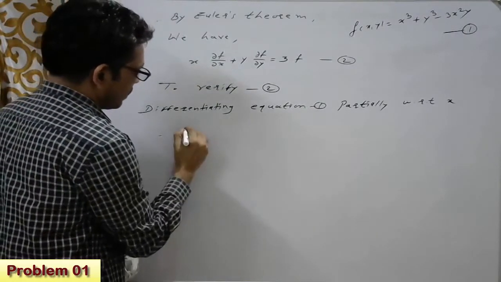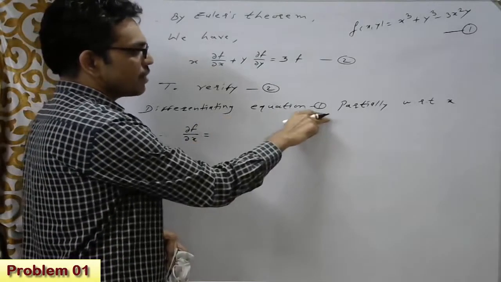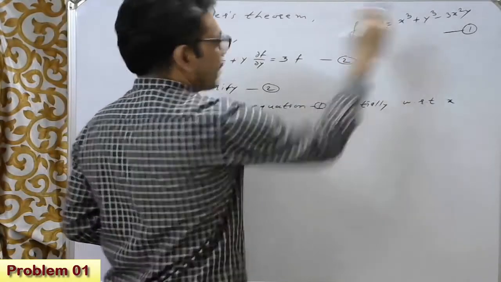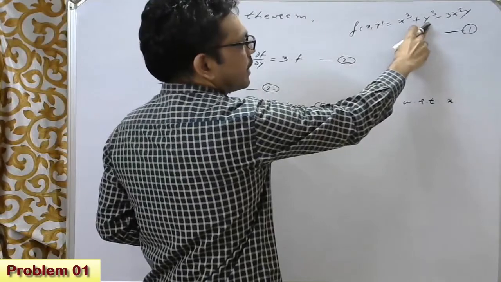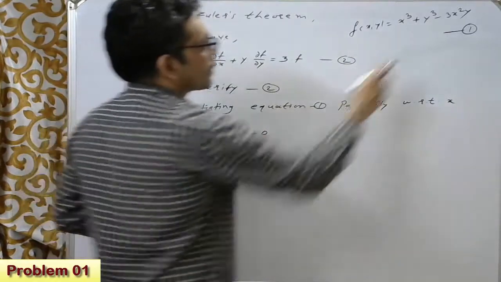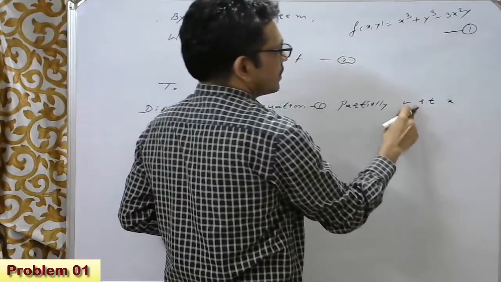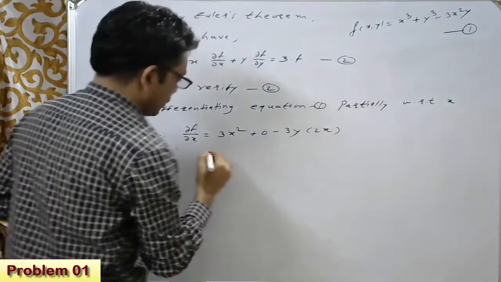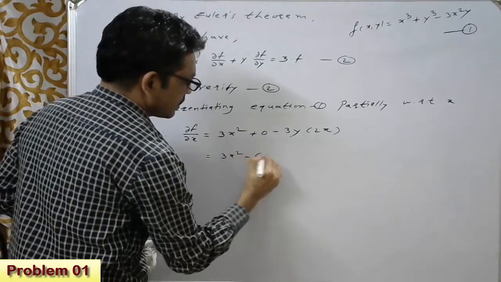Therefore, del f by del x is equal to, first the derivative of x cube is 3x square, plus the derivative of y cube, but treating y as a constant, the derivative of a constant term is 0, minus 3y, a constant, and partially differentiating x square with respect to x, the derivative of x square is 2x. Which is equal to 3x square minus 6xy.